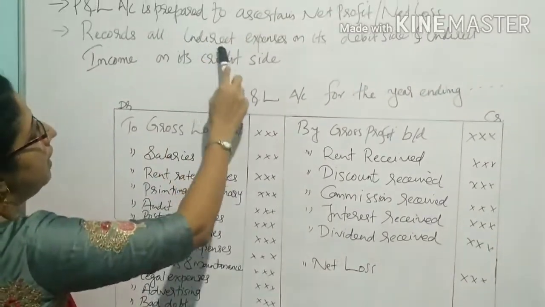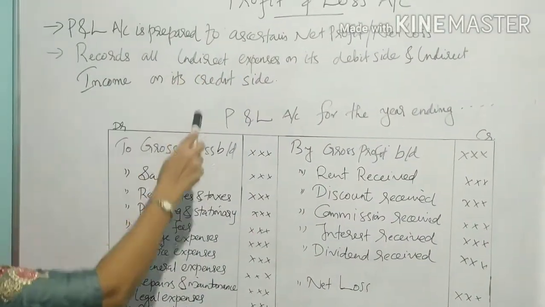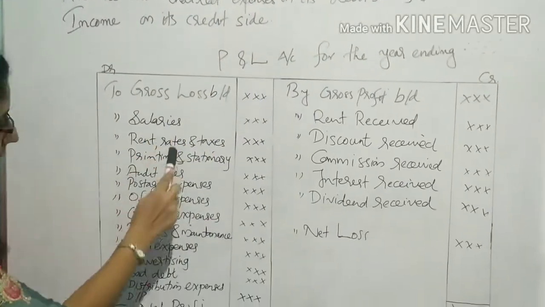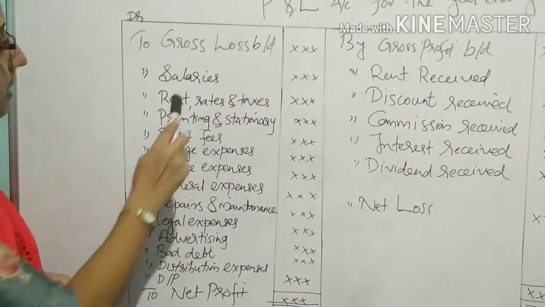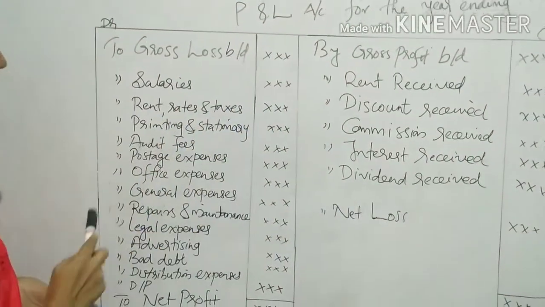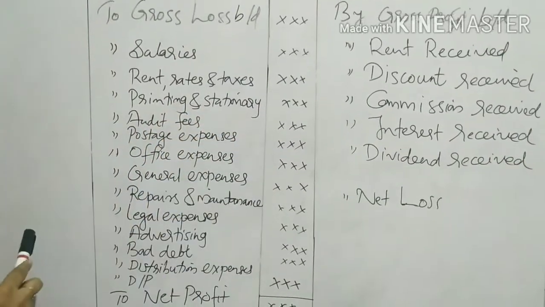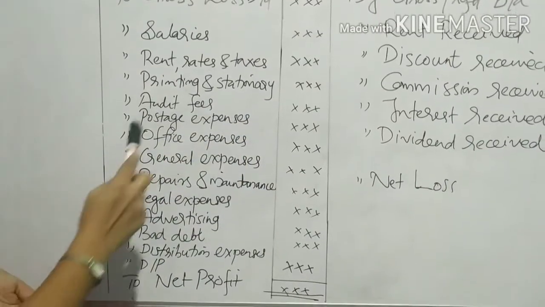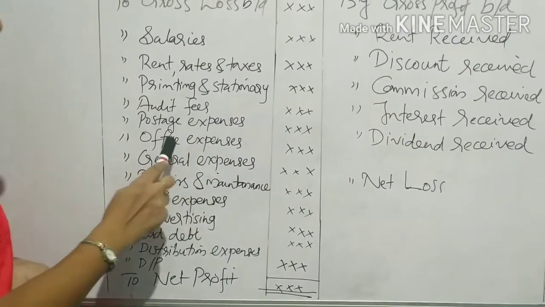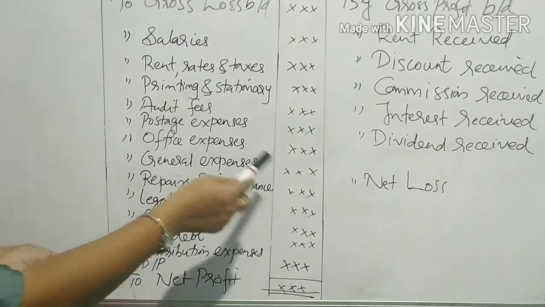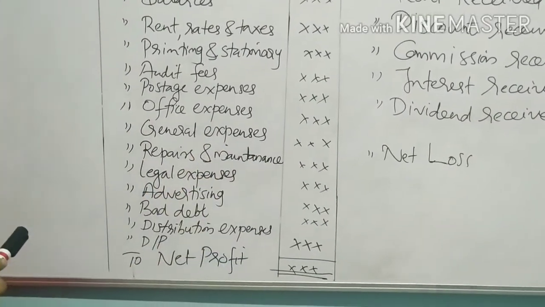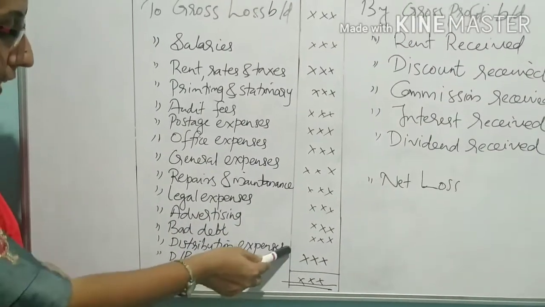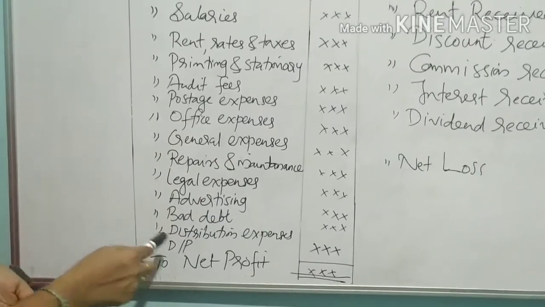Then what are the various items? I told you they are indirect expenses. Profit and loss account records indirect expenses on its debit side. See, these are some of the indirect expenses. To salaries, to rent, rates, taxes, to printing and stationery, to audit fees, to postage expenses, to office expenses, general expenses, repairs and maintenance, legal expenses, advertising, bad debt, distribution expenses, and the last one, depreciation.